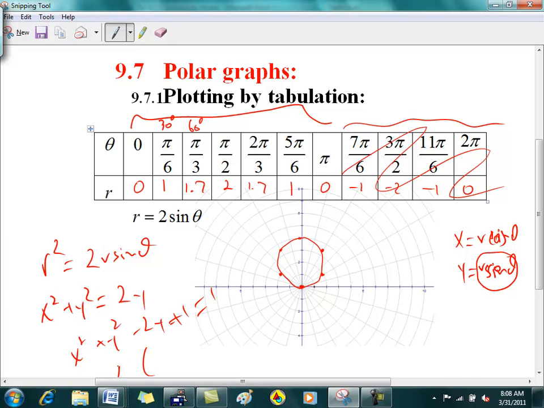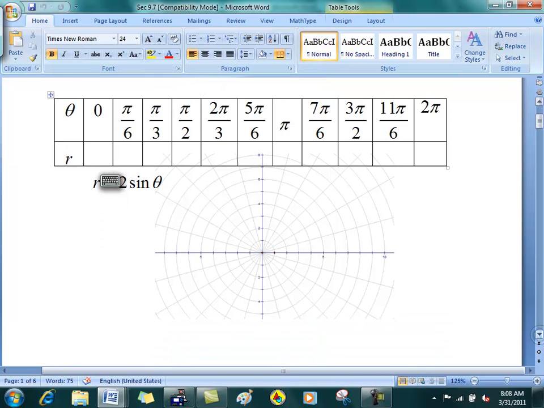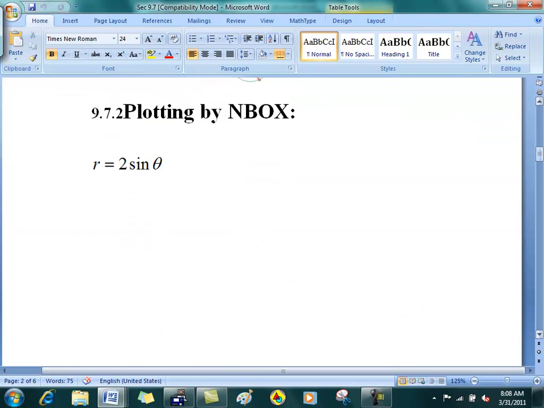Don't you have a circle now whose center is 1? So you can see how these things are connected. You can recognize the Cartesian much more readily than you can recognize polar. So everybody okay on this? Well, guess what? You don't really have to sweat this out by hand because your graphing calculator will do everything for you. Even on the test next week, you'll be allowed to use a graphing calculator and everything's going to be off the graphing calculator.